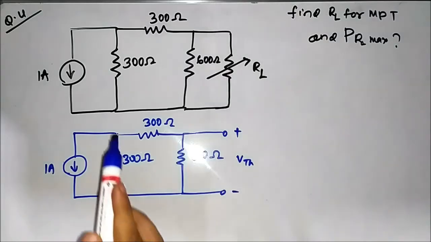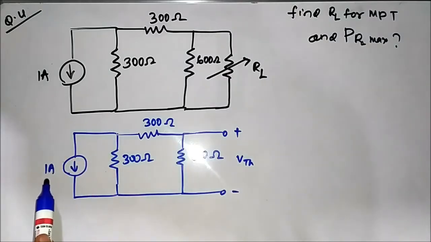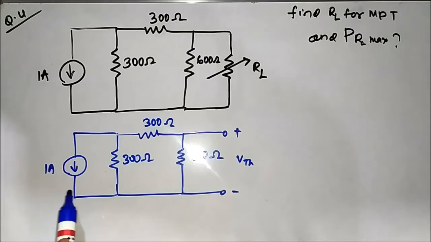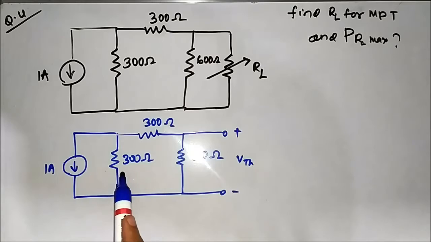Now here, if you notice, we have a 1 ampere current source in parallel with this 300 ohm resistance. So here we can apply source transformation to convert it into a voltage source in series with this 300 ohm resistance.